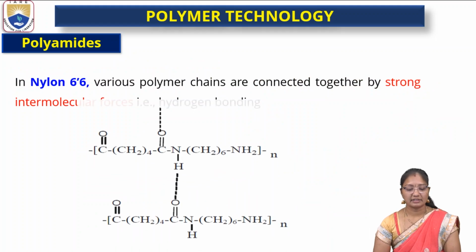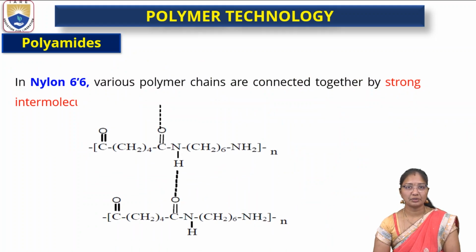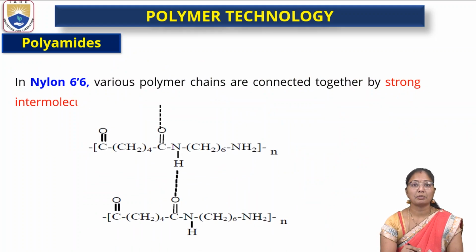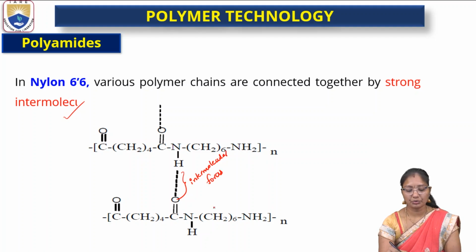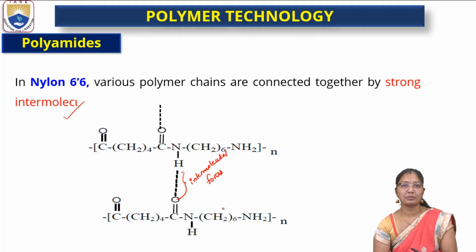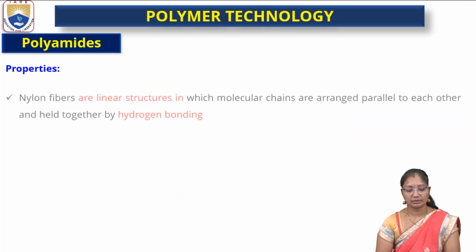In nylon 66, various polymer chains are connected together by strong intermolecular forces between the hydrogen molecules. So between these two nylon molecules, this hydrogen forms the intermolecular forces.